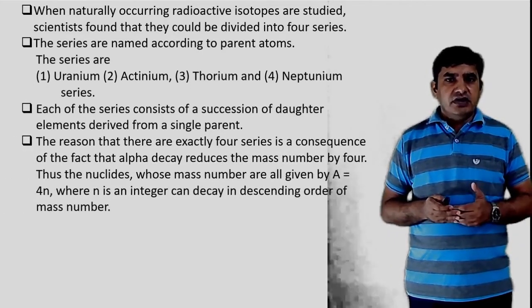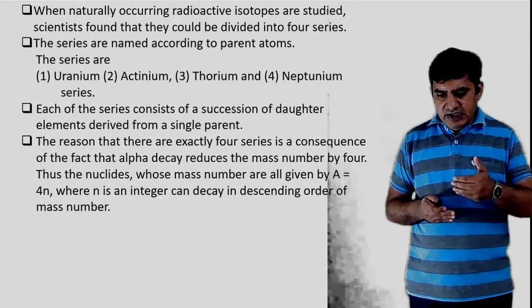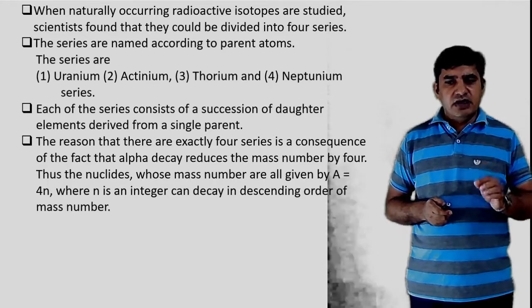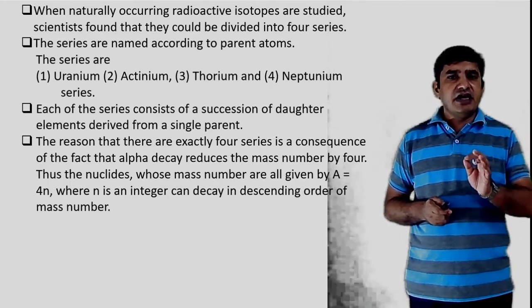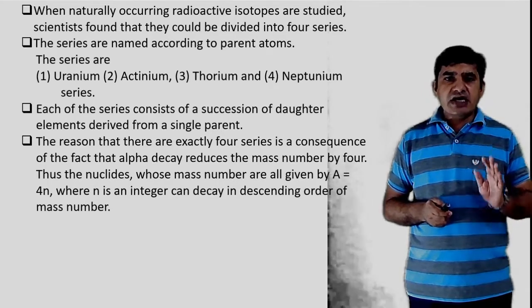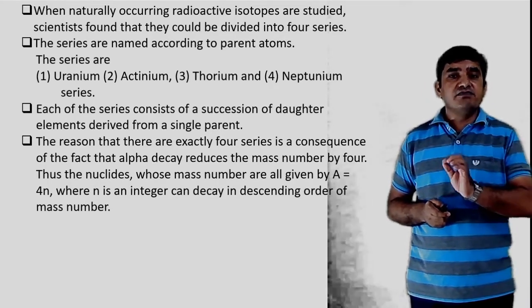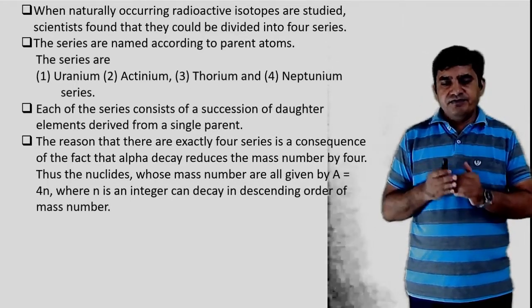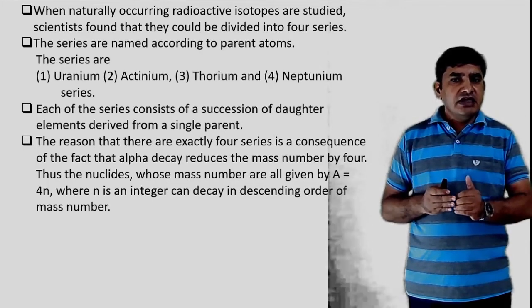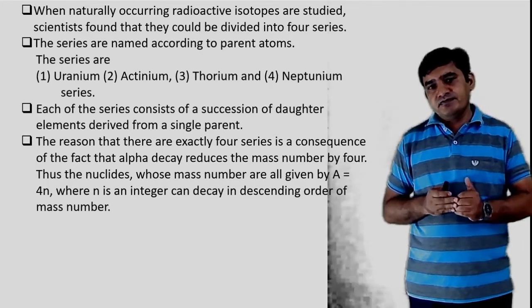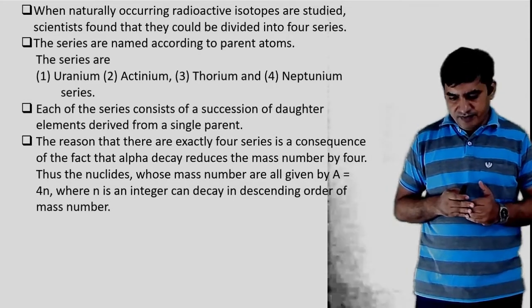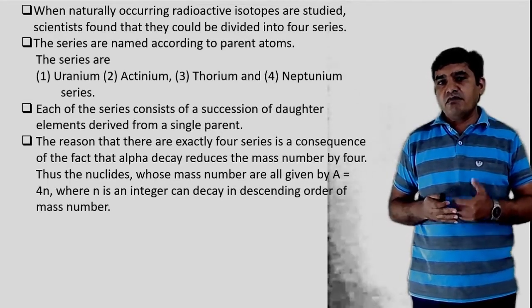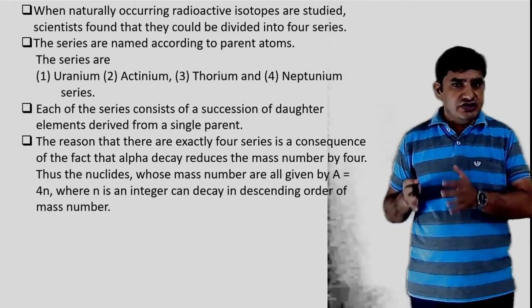We know that when an alpha particle is emitted, the atomic number decreases by 2 while the mass number decreases by 4. When a beta particle is emitted, the atomic number increases by 1 while the mass number remains the same. When gamma rays are emitted, the atomic number and mass number are unchanged.